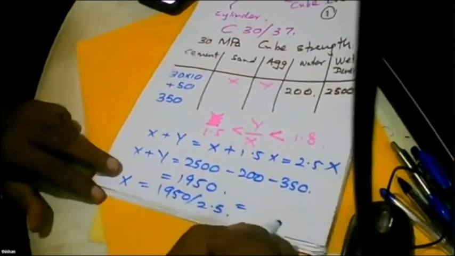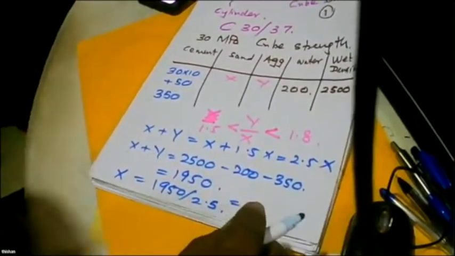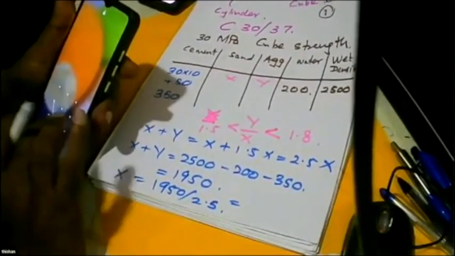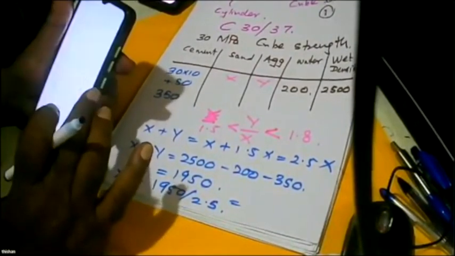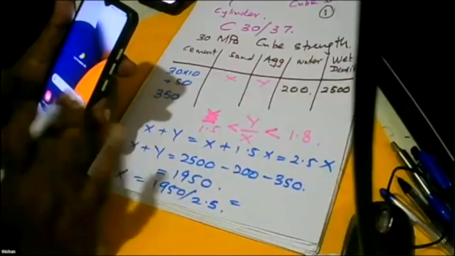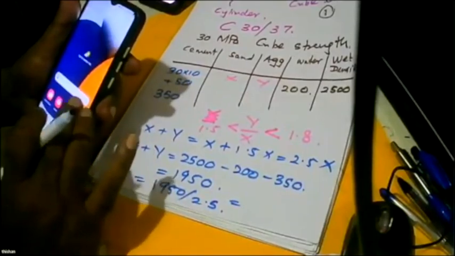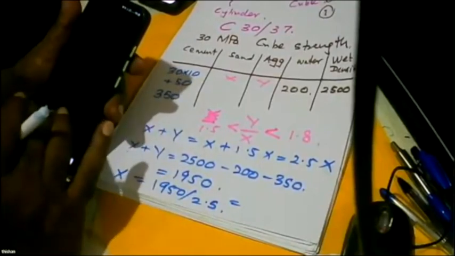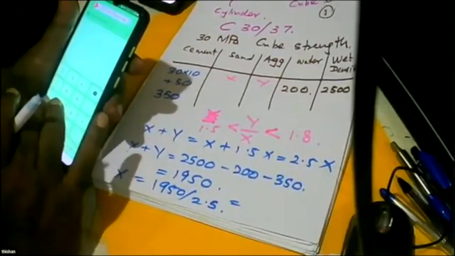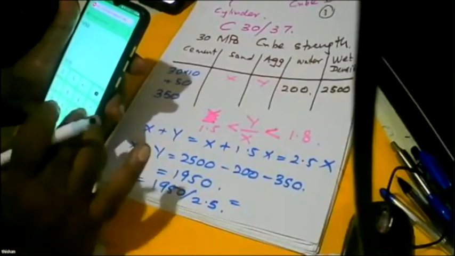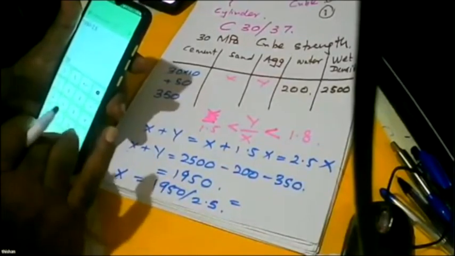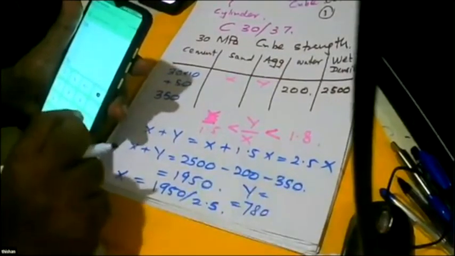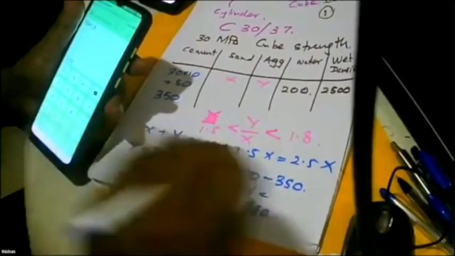What is the value that you get for this? 1950 divided by 2.5, the answer is 780, which means y is equal to 780 multiplied by 1.5, which is 1170.